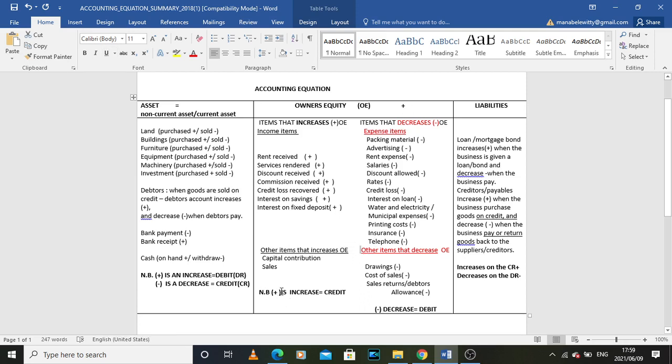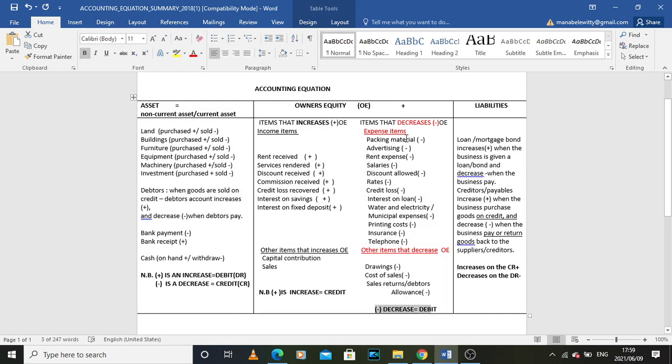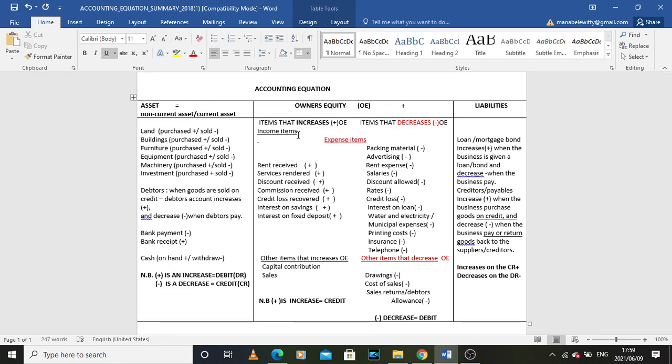It increases on the credit side and decreases on the debit side.